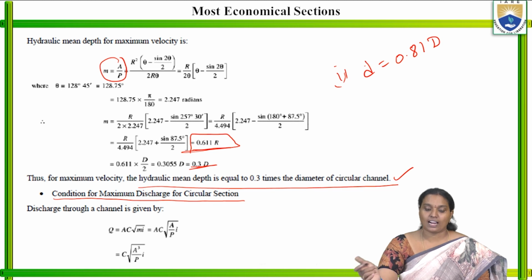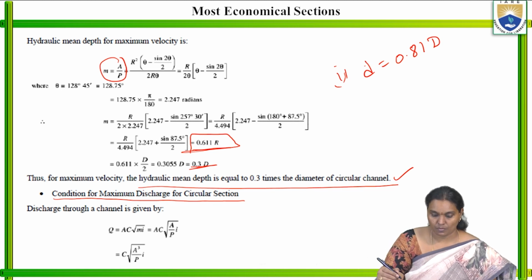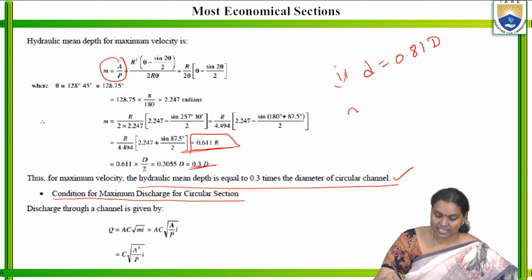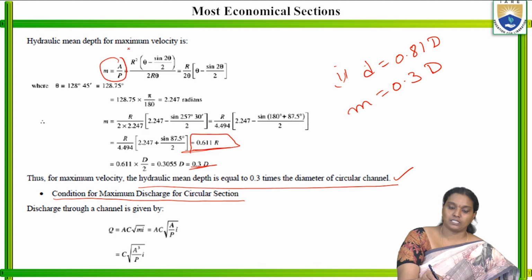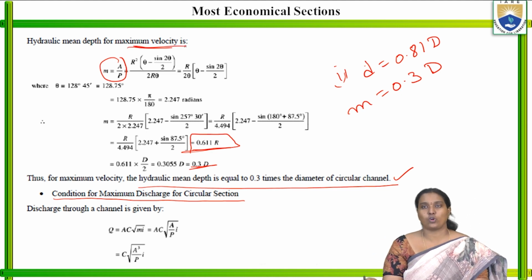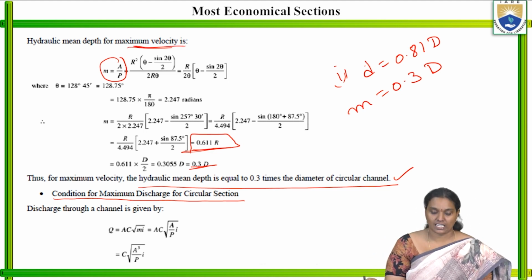The other one is m is equal to 0.3 into D: the hydraulic mean depth is equal to 0.3 times the diameter of the circular channel.